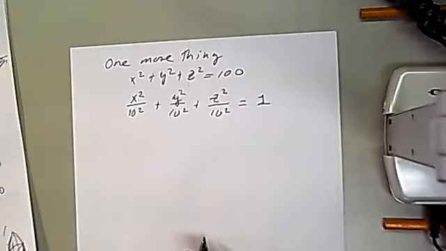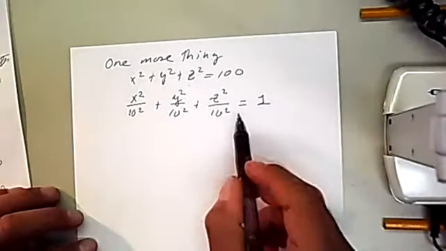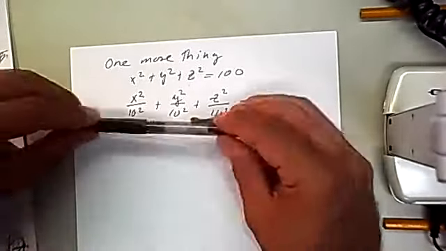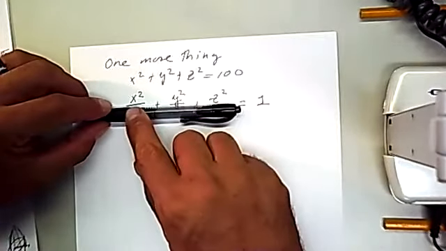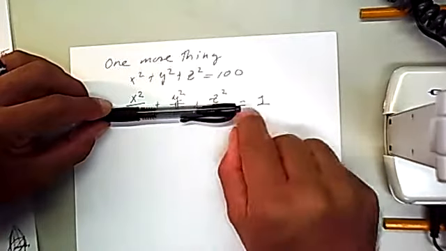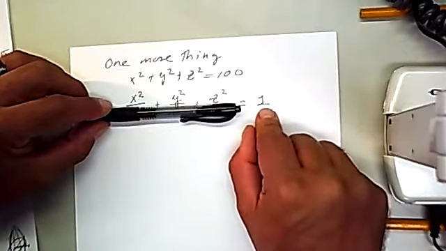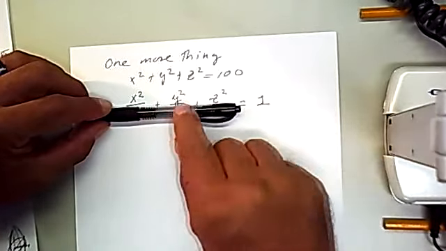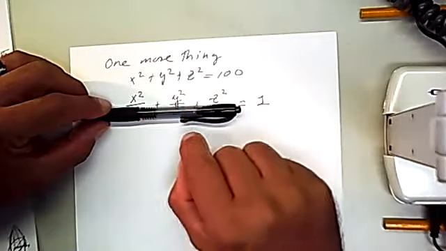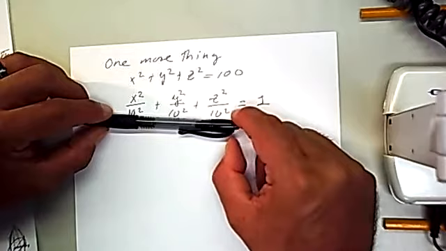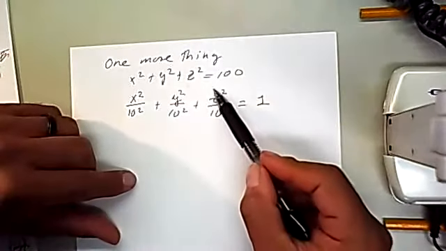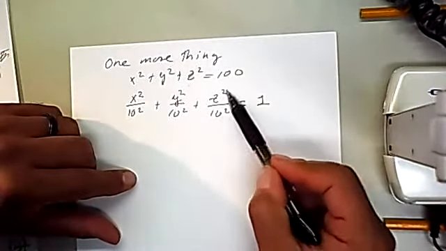And this is convenient and handy because if we didn't have the tens at the bottom, this will tell us that none of those can exceed 1 in magnitude. If we divide by 10, that means that the ratio cannot exceed 1.